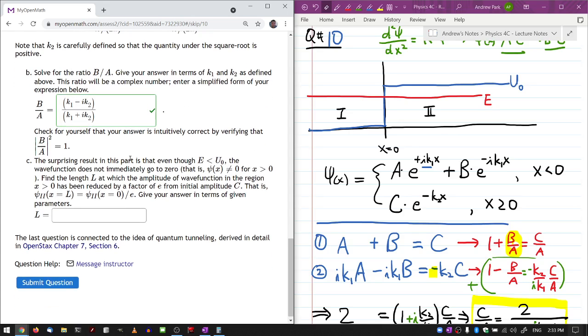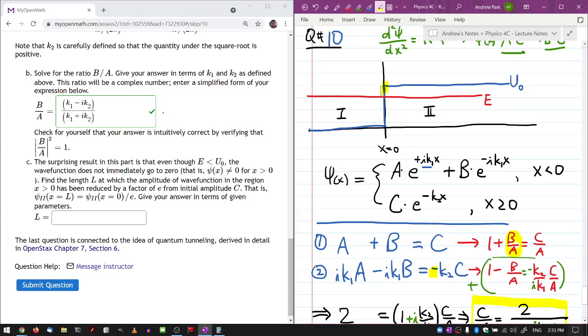Now, part C. The surprising result in this part is that even though the energy is less than U naught, this barrier represents the boundary of the classically allowed region and the classically forbidden region. And in quantum mechanics, you have non-zero probability of finding particles in the classically forbidden region.